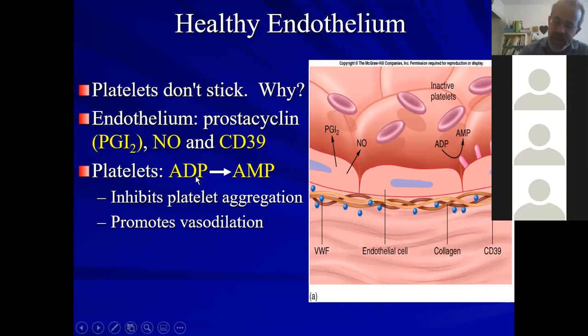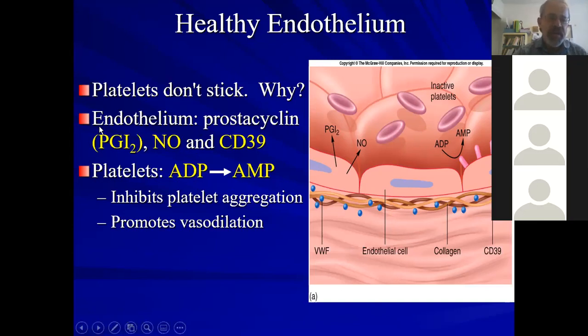Remember, we spoke about ATP, and we know, of course, that in mechanisms such as muscle contraction, ATP is broken down to ADP and phosphate, generating energy. Well, platelets, the ADP that's inside them, it's converted to AMP.